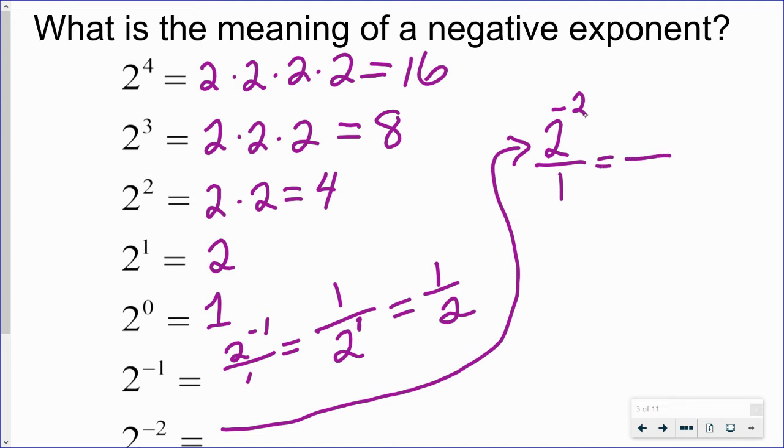Move it, make that a happy exponent, so we put it in the denominator. We can't have a blank numerator. Now do the math and leave it as a fraction. Do you see what's happening between 16 and 8 and 4 and 2? That all has to do with that base number.